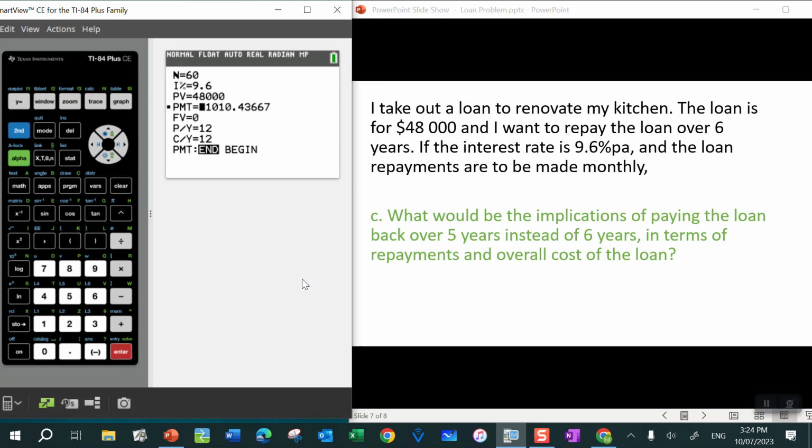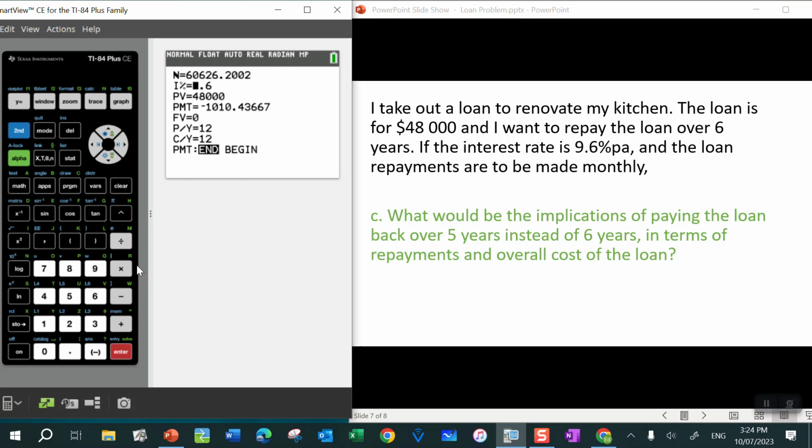What about the overall cost of the loan? Okay, well, let's have a look at that. I'm making 60 payments of this $1,010.44. So really, all I have to do is go 60 times 1,010.44, and again, I don't really want to lose any precision, so I'll just put in the whole number as I see it on the screen there.